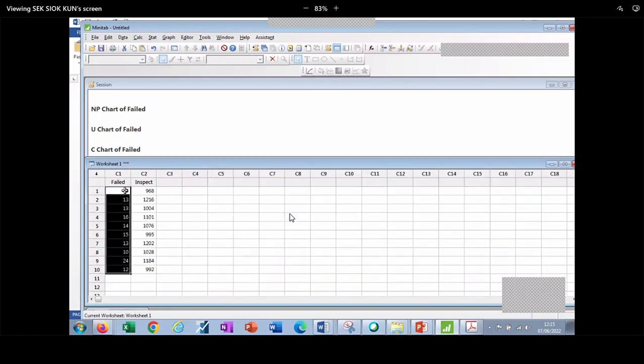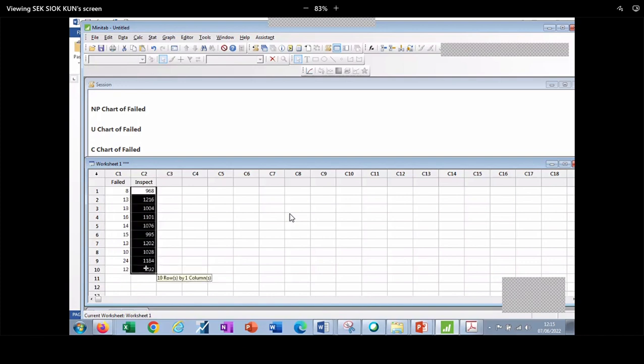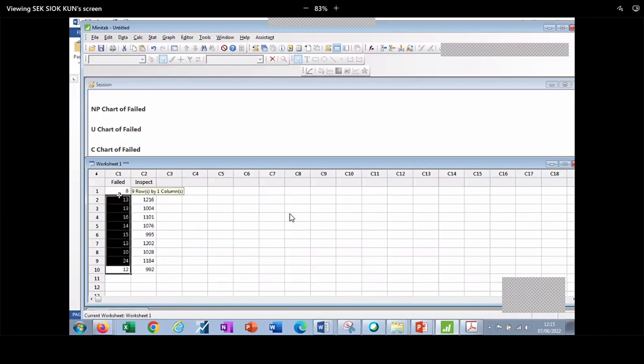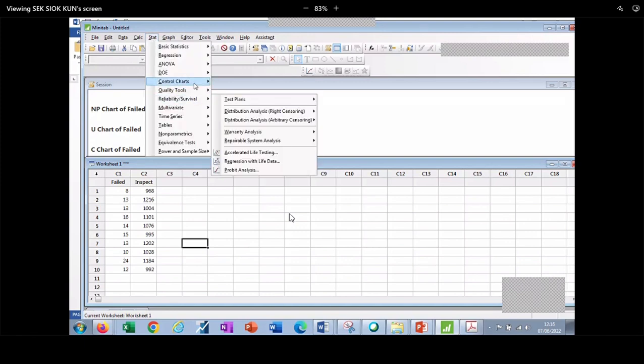So meaning that I have a constant sample size, with 10 subgroups. To proceed, the steps are very similar. We go to Stat, then Control Charts, Attribute Charts. So first I try the P chart.